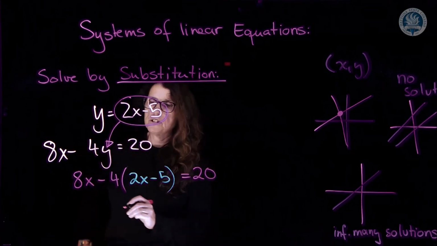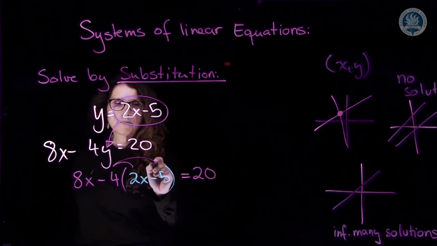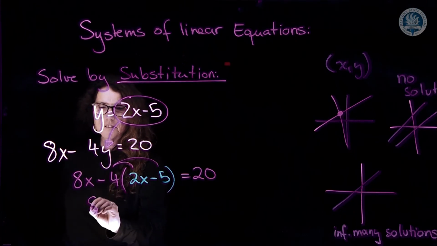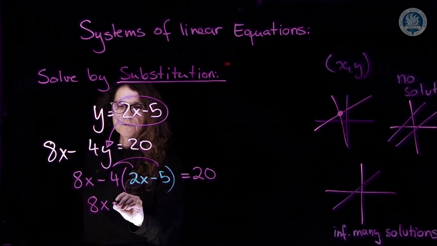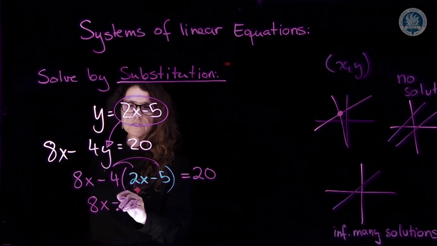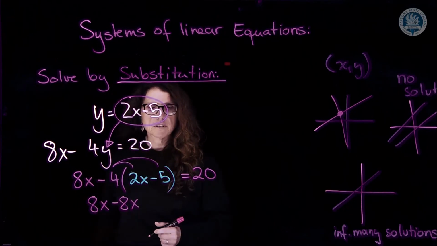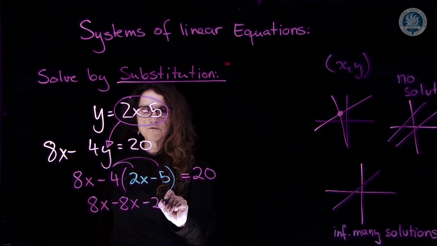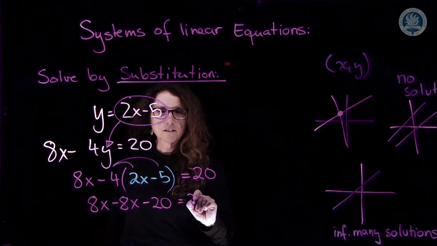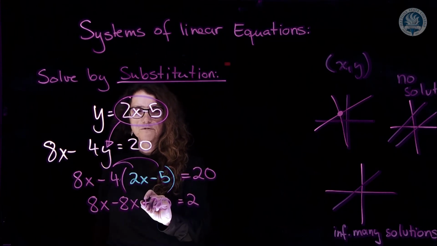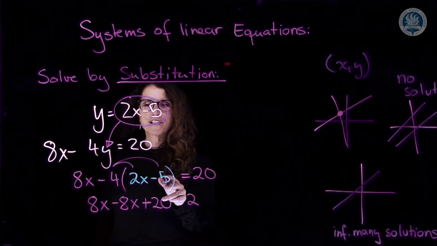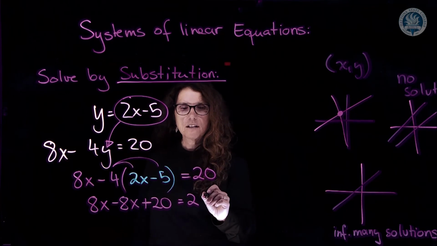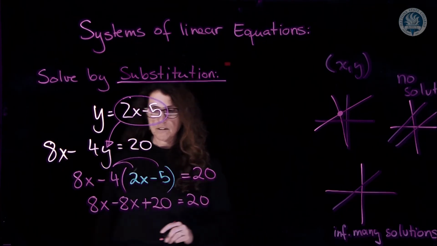Solve this equation. Distribute and clear the parentheses. 8x minus 4 times 2x is minus 8x, and we have a minus 4 times a negative 5, which is a negative 20, oops, that is not a negative 20, that is a positive 20. Negative 4 times negative 5, positive 20, and that is equal to 20.